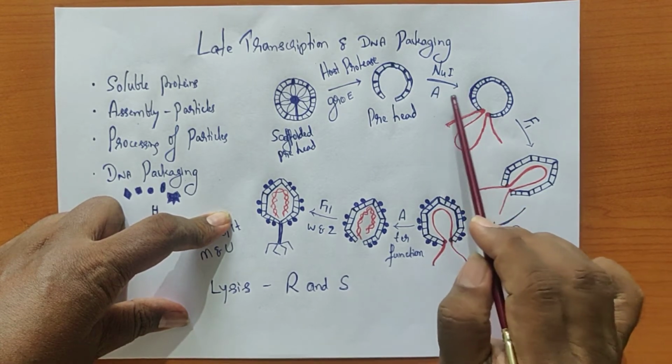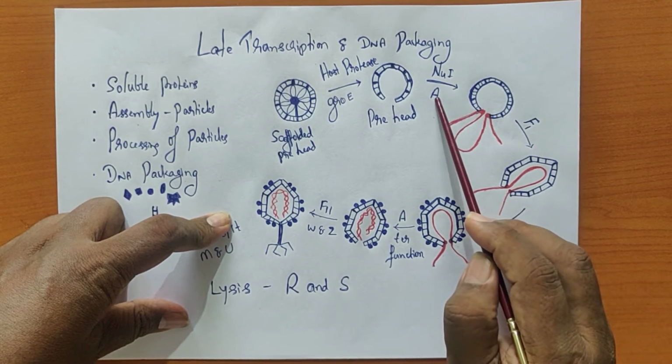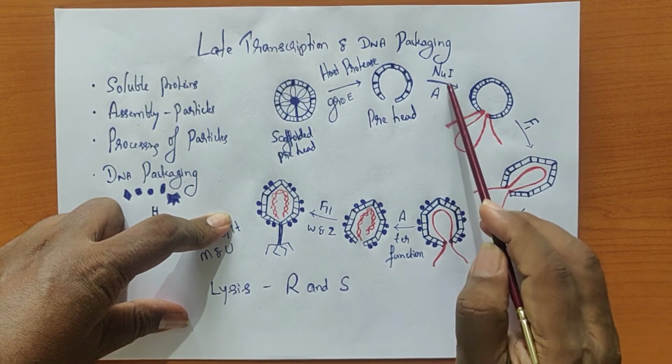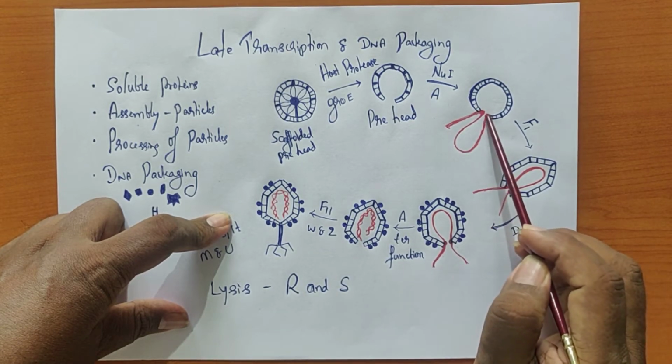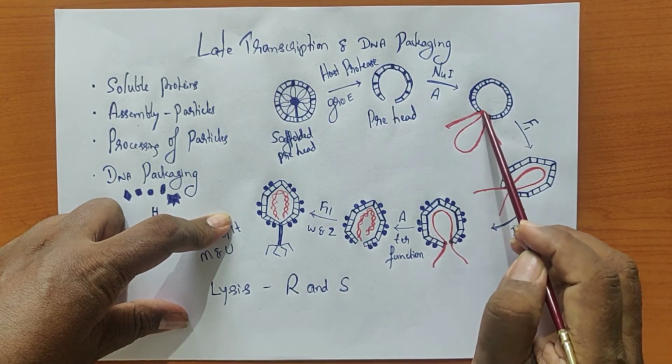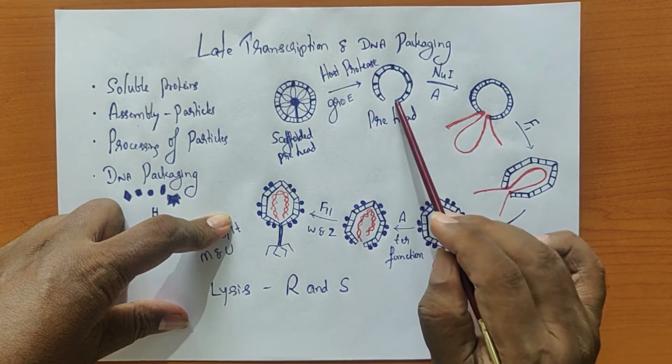Now that one is carried out by the NU1 gene protein, another one is A gene protein, in fact. What they do is that they will specifically bind to the 2 cos sites, and then they will bring these 2 cos sites very close to the mouth of the pre-head.